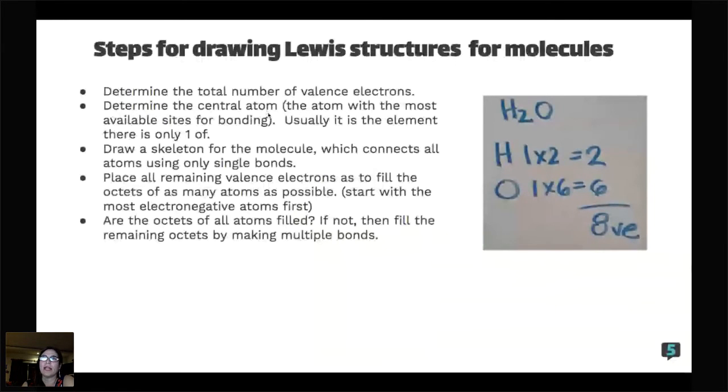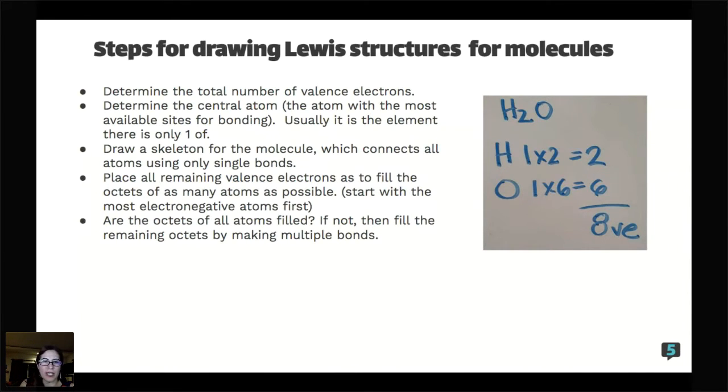Determine the central atom. Usually it would be the one with most available sites for bonding. Which one do you think is the central atom here? Hydrogen or oxygen? Yes, Greta, Irene, Anna. Yes, you're right.